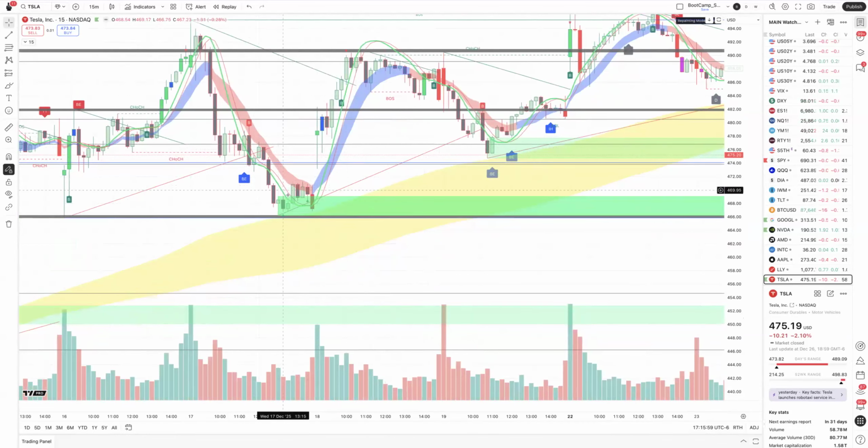When you're getting these inverse arcs or arcs at structural support or resistance, it makes them more powerful because you're getting in at a support level and evidence that they're moving money in the background to support this as a good area to buy, right? And also, when you come down to an order block that's already being established, these are also good areas to buy when you get inverse arcs and stuff like that.